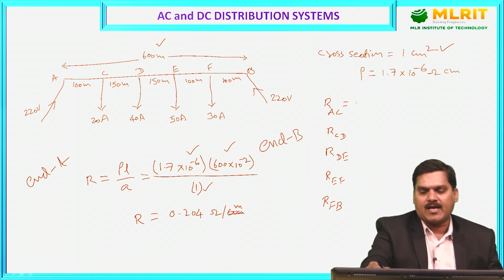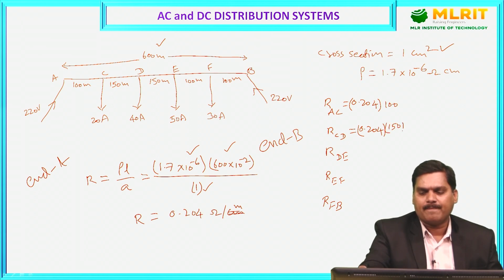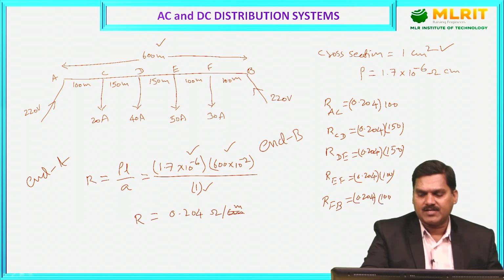Per meter we got 0.204. The AC section length is 100 meters, the CD section is 150 meters, the DE section is 150 meters, the EF section is 100 meters again, and the FB section is again 100 meters. So like this we calculate the resistance of each section.